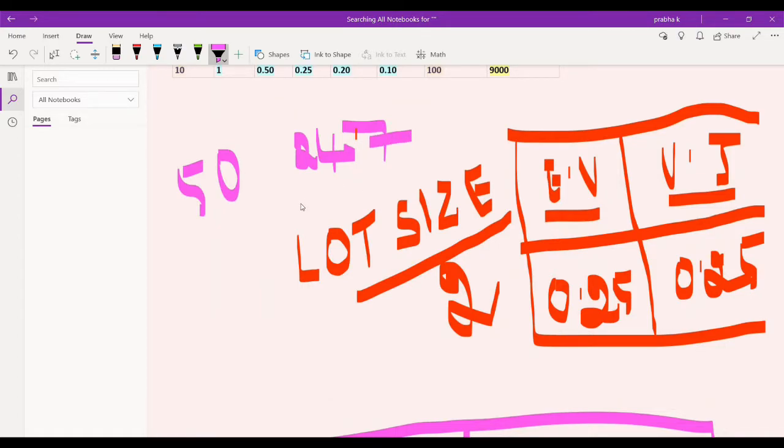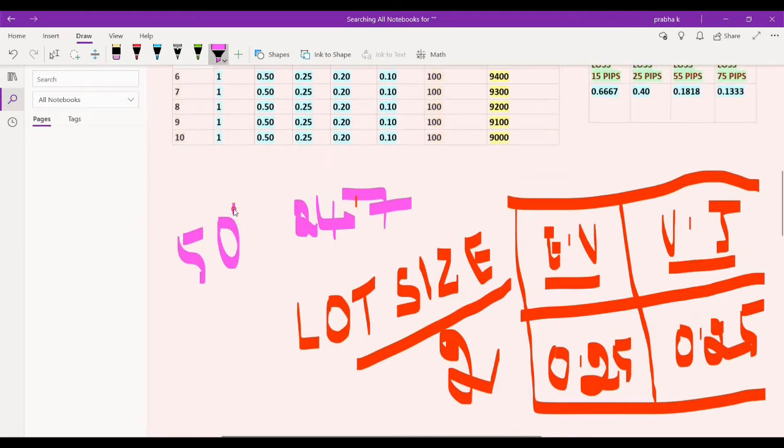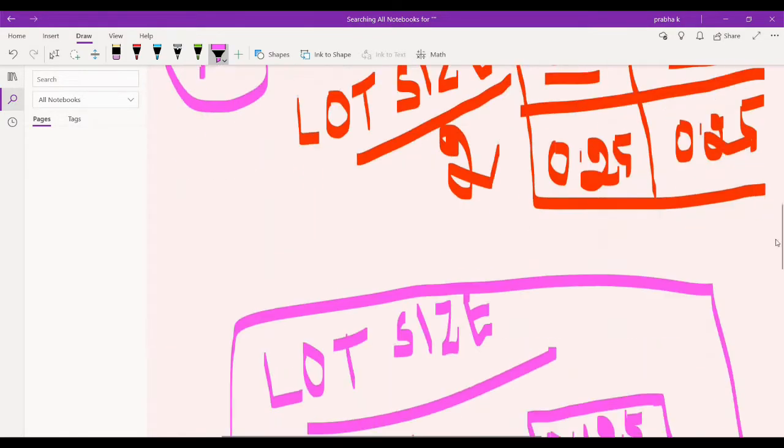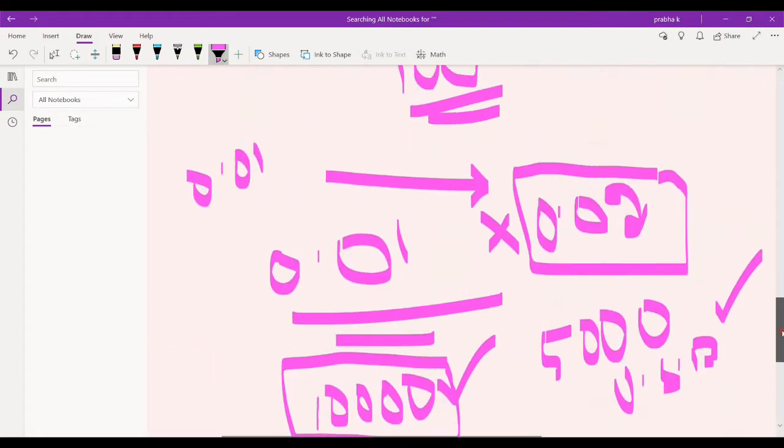So if it confuses you, what you have to do is just calculate for the $50. Just see that 1%. What is the 1% risk here? For 20 pips, 0.50 is the lot size. What is the amount we are going to lose? 1%. The 1% amount will be $100. So for that $100, what you have to do?